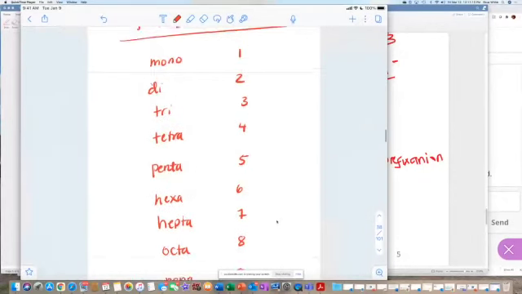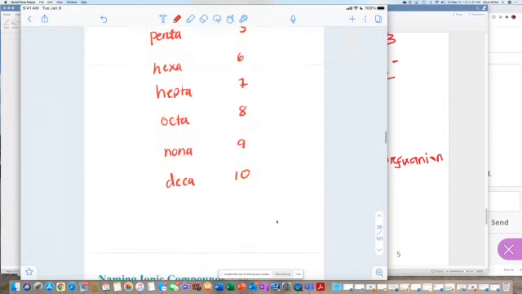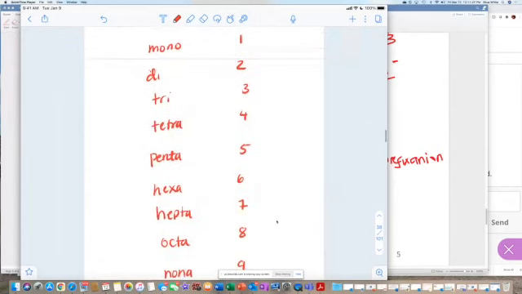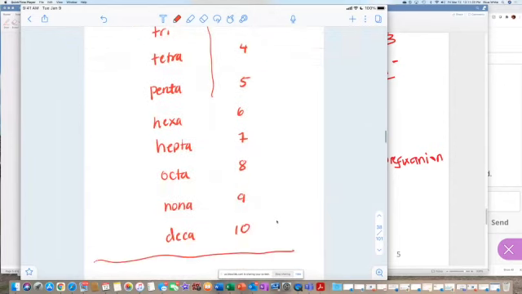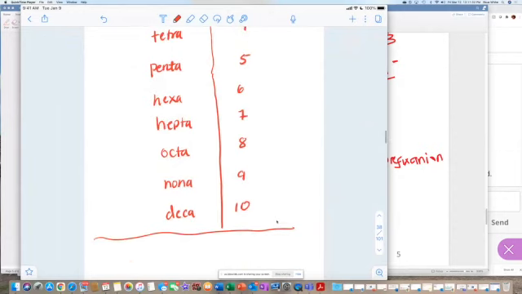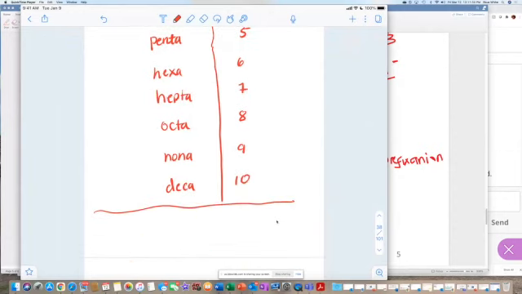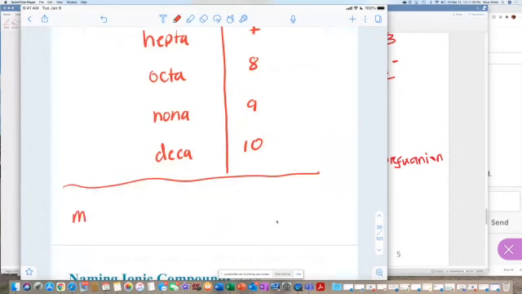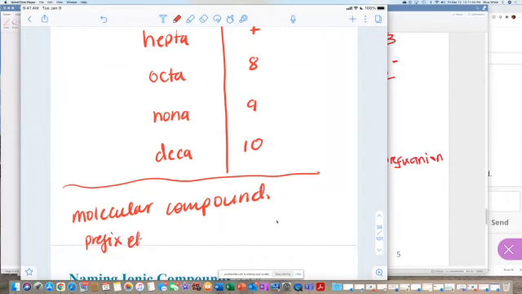And I kind of mentioned this on Monday that, after I've given you guys the prefixes, you can see a majority of these prefixes end with A or O. When you're naming nonmetals, like I said, when you're naming molecular compounds, we are going to be following the order of prefix, as you just saw, element, prefix, and then anion.